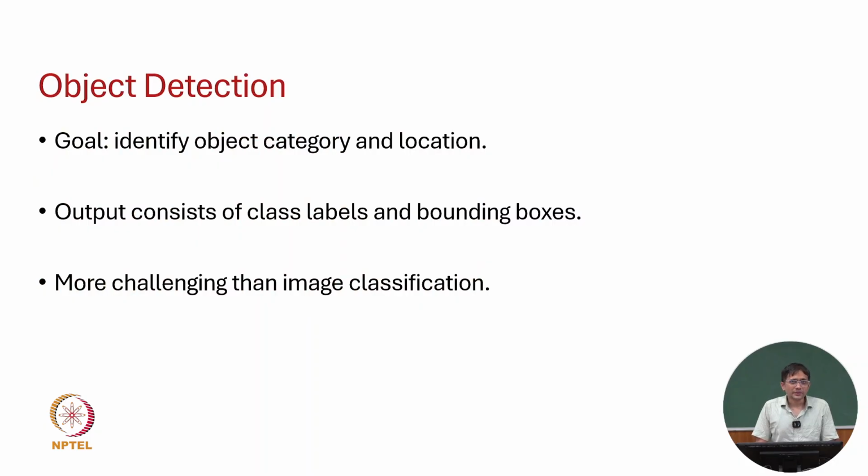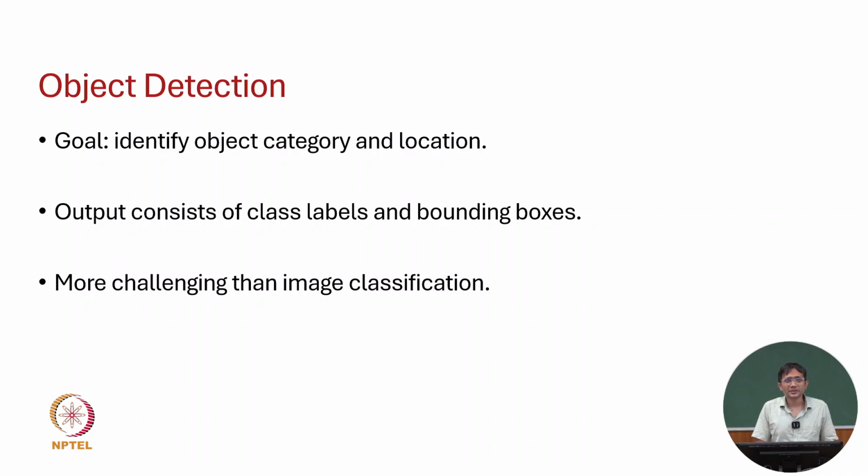So in object detection, our goal is to identify object locations. We will assign a bounding box to each object, and also we want to identify the object category. How is it different from image classification?